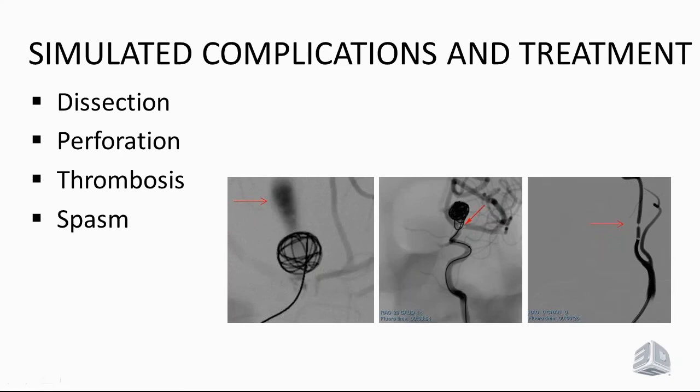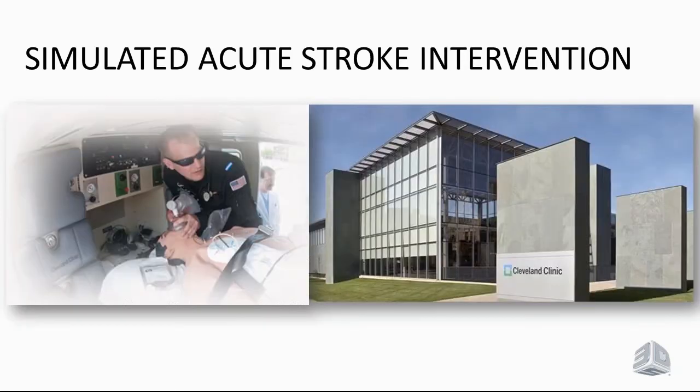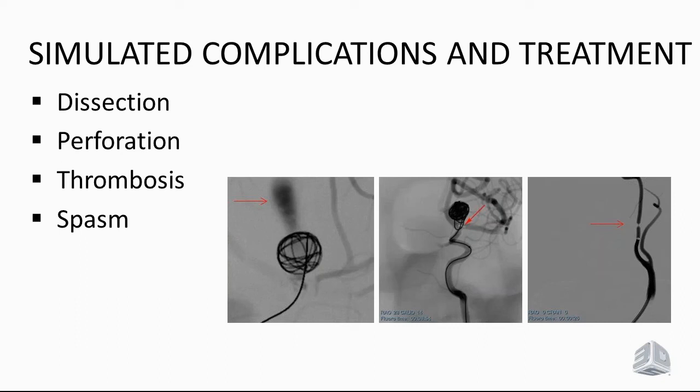And the one thing about the 3D Systems simulator is it not only simulates the procedure, but also the things that can go wrong. And what are you going to do in those circumstances where there's a dissection, where there's a perforation, where there's thrombosis?